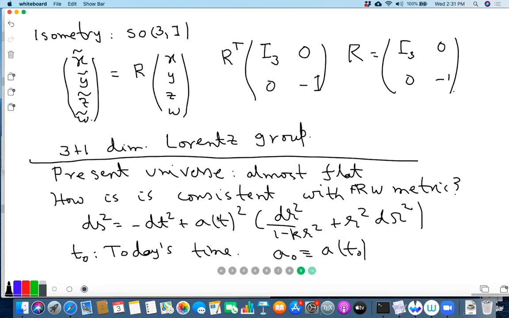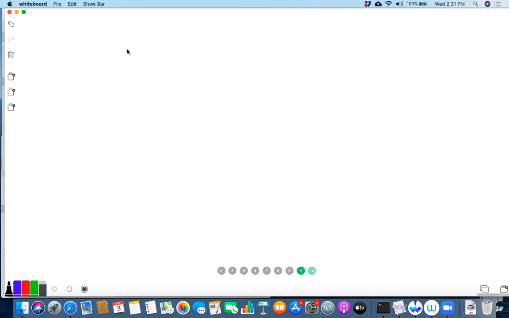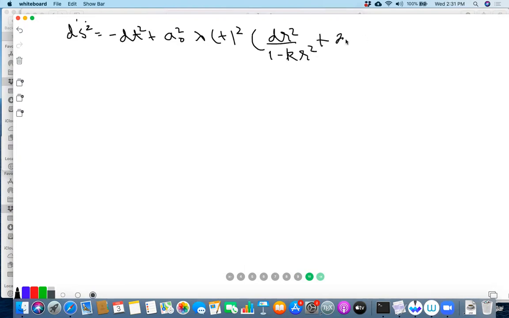I'll just take out the factor of a naught and write ds squared as minus dt squared plus a naught squared lambda(t) squared, where lambda(t) is a(t) divided by a naught. So by definition, lambda of t naught is 1.